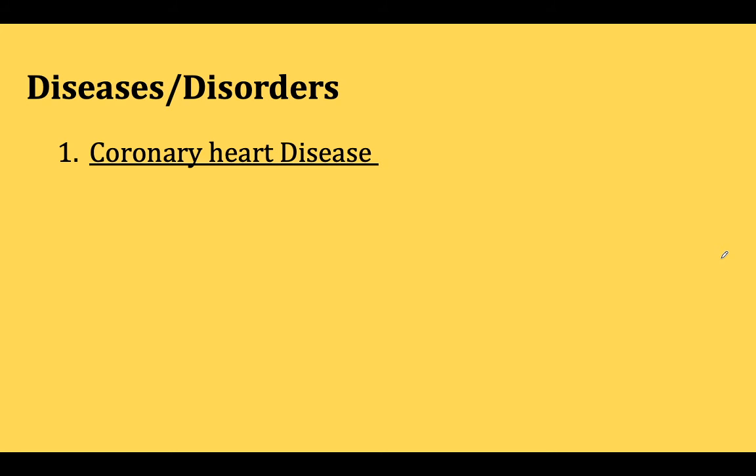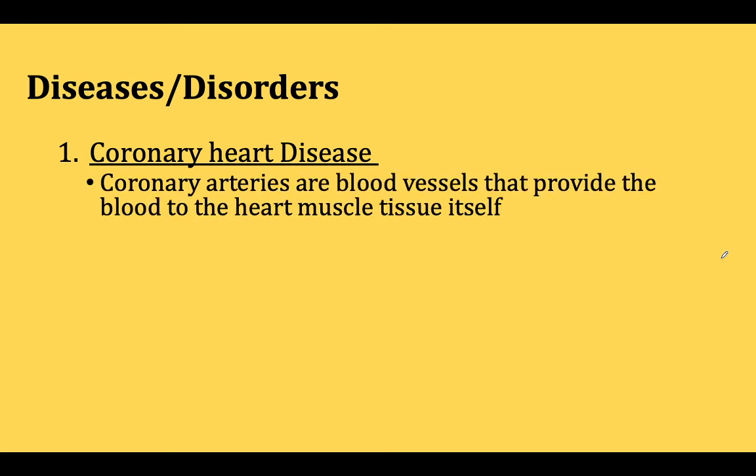There are 2 diseases or disorders of the circulatory system that I want to briefly talk about. The first is coronary heart disease. So coronary arteries are blood vessels. Remember, artery, what do those do? They take blood from the heart to different parts of the body.